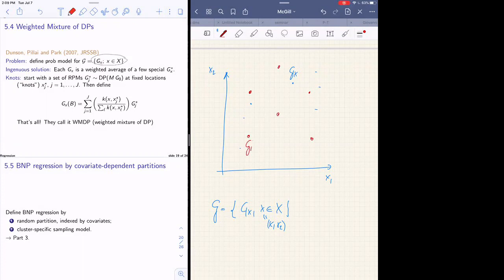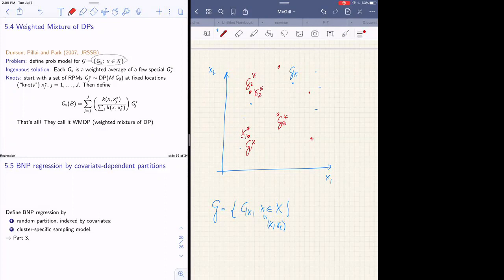Let's call these G1 star, G2 star, G3 star, and so on, at specific covariate values. So this is the typical patient at covariate value X1 star, maybe my young white male, X2 star, and so on.